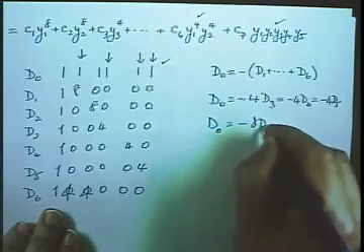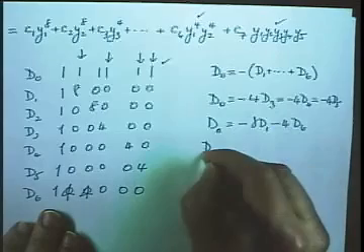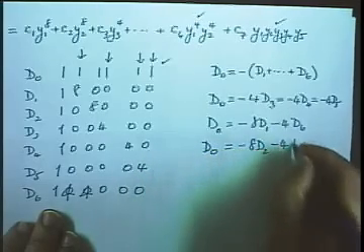minus 8D1, it must be minus 4D6, and D0 is minus 8D2 minus 4D6.